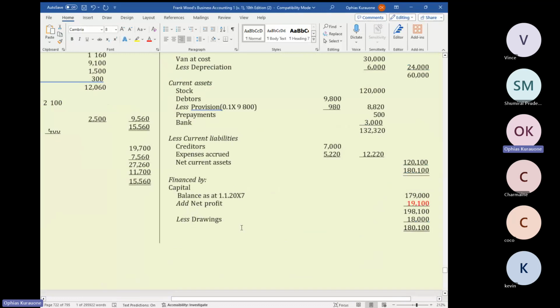Then after that, we have the drawings. The drawings reduce our capital invested. Whether drawings for stock or drawings for cash, they reduce the capital of our business. In this situation, the drawings were 18,000, so our figure is going to be reduced by 18,000.